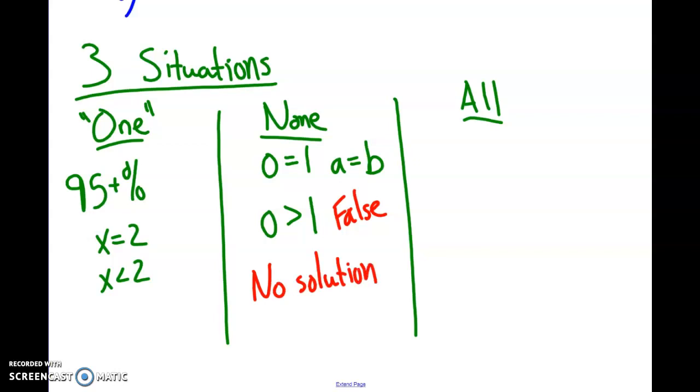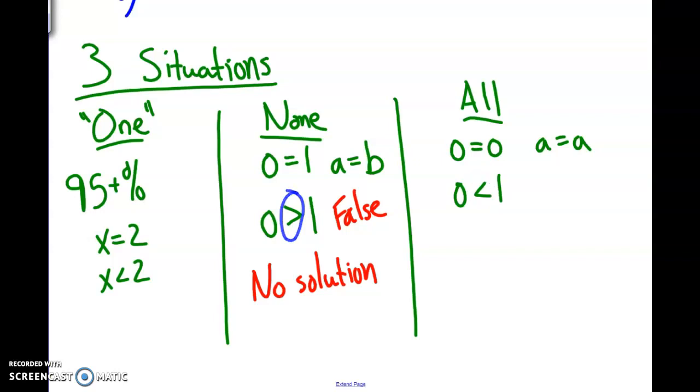And then the third case is where we're going to have all the answers. This is what happens when you get 0 equals 0. You have the same number being set equal to itself. This also happens when we have something like 0 is less than 1. So notice the difference here just by focusing on the inequality, how that's changing things a little bit.